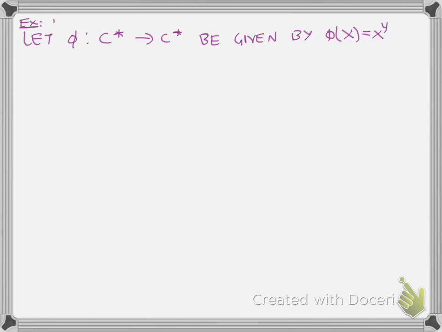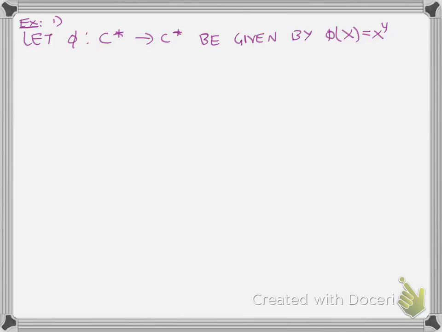We can call this example 1. Let phi go from C star to C star, the complex numbers not including 0, given by the function phi of x equals x to the 4th.